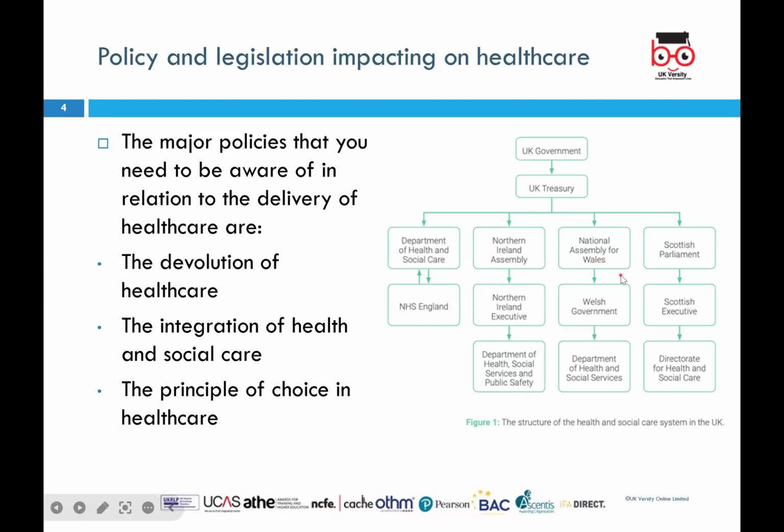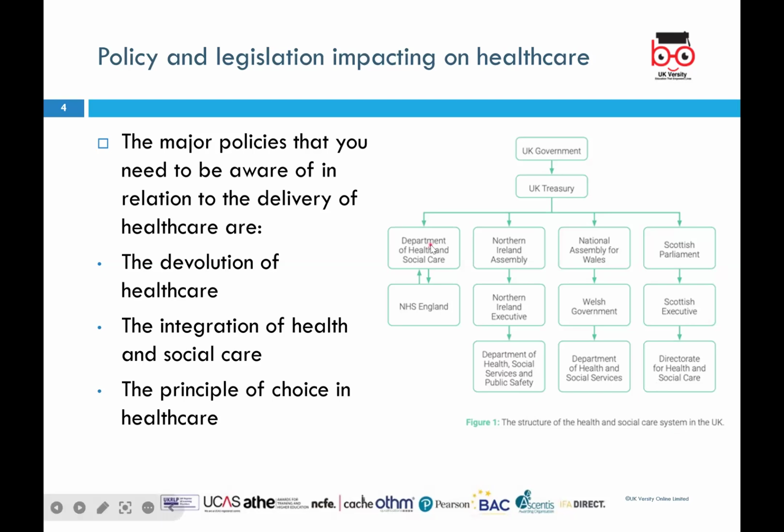Then you have the National Assembly for Wales, within which you have the Welsh government, and the Department of Health and Social Services that are responsible for the health of the area. And then the last is the Scottish Parliament, within which you have the Scottish Executive, and within which you have the Directorate for Health and Social Care, working for the health and social care system.